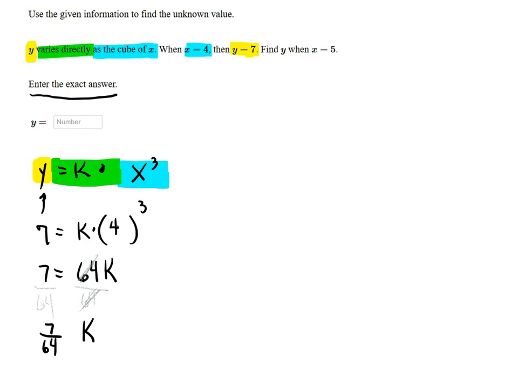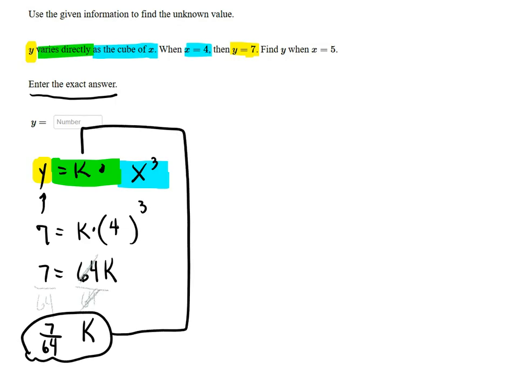So now that I have what k is, you're going to take that and put it here and then rewrite this function as, go up here, y equals 7/64 times x cubed.